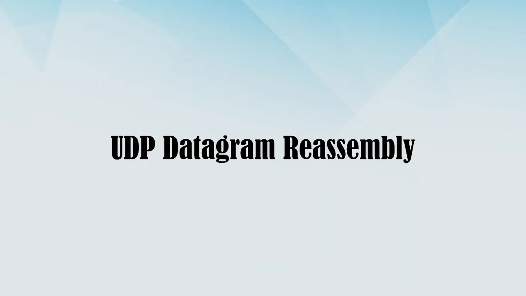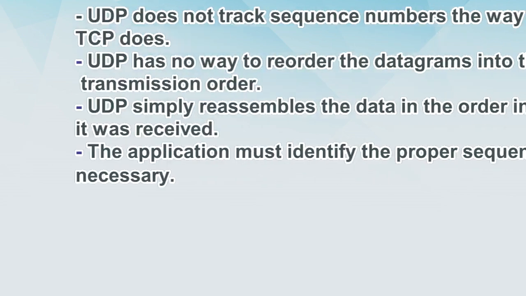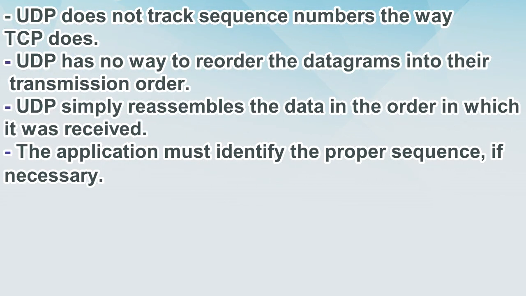UDP datagram reassembly. UDP does not track sequence numbers the way TCP does. UDP has no way to reorder the datagrams into their transmission order. UDP simply reassembles the data in the order in which it was received.